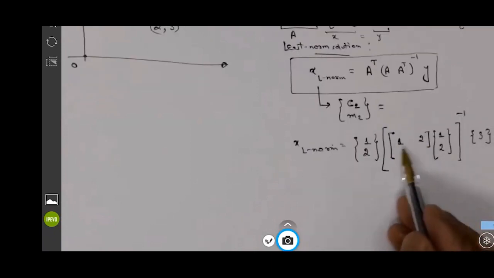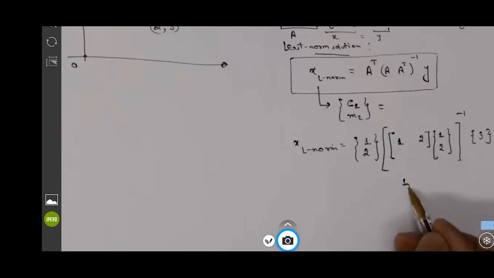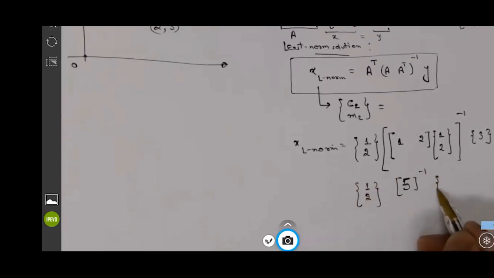If I actually multiply this first, 1 times 1, 2 and 1, 2 here, what I'm getting is 1 plus 4, which is 5, inverse. And here I have 1 and 2, and here I have 3.